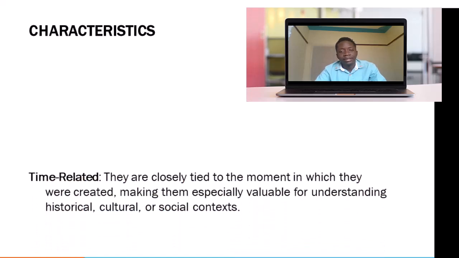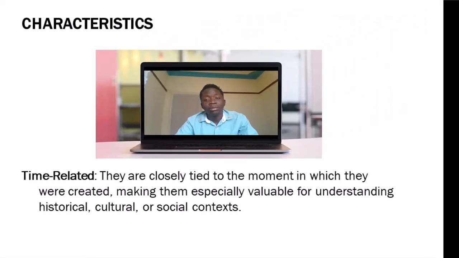Another characteristic is that it is time related. They are closely tied to the moment in which they were created, making them especially valuable for understanding historical, cultural, or social contexts. They appear in that way at that particular time. Like if you find a footprint on a rock, that is how it has appeared at that particular moment.